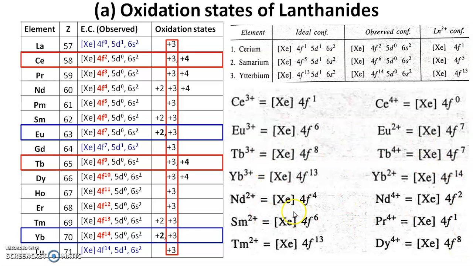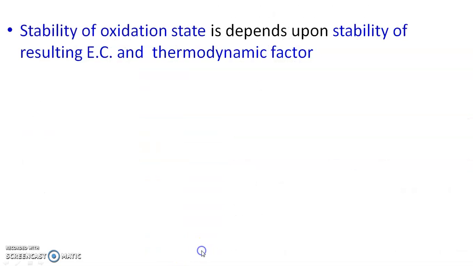So these are the electronic configurations in different oxidation states of lanthanide ions. The most important thing is their common oxidation state is +3, and cerium as well as terbium show +4 stable oxidation state, and europium and ytterbium show +2 stable oxidation state in addition to the common +3 oxidation state.